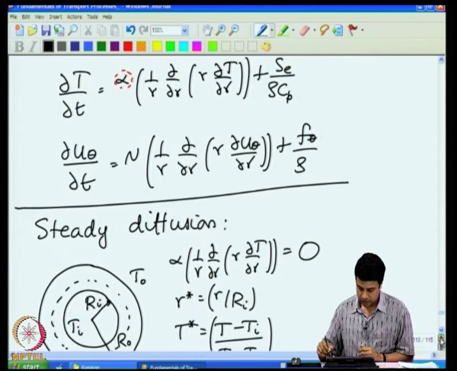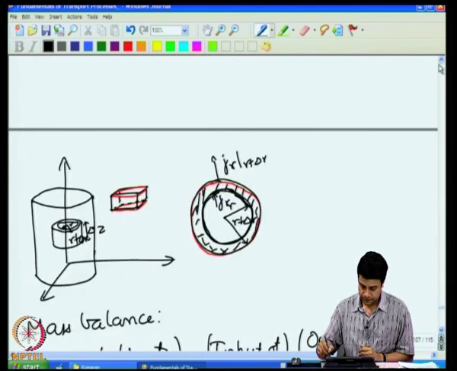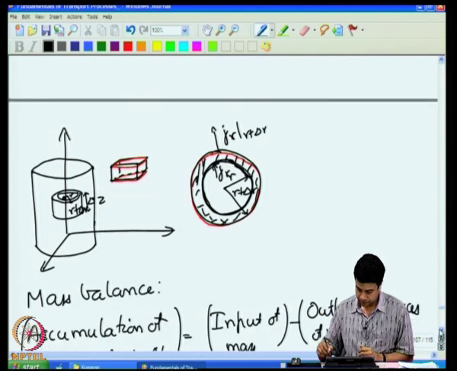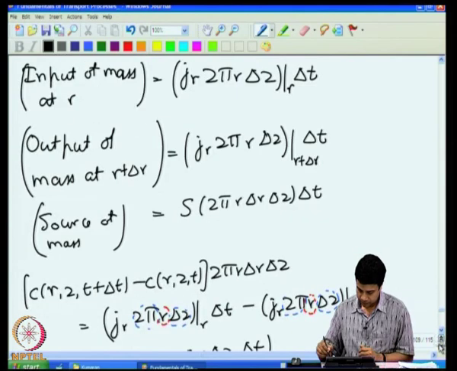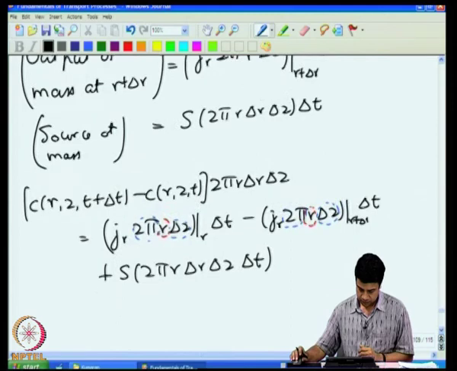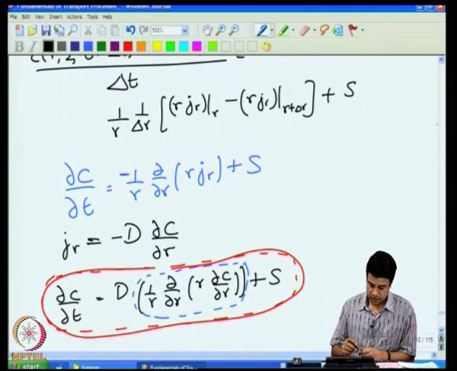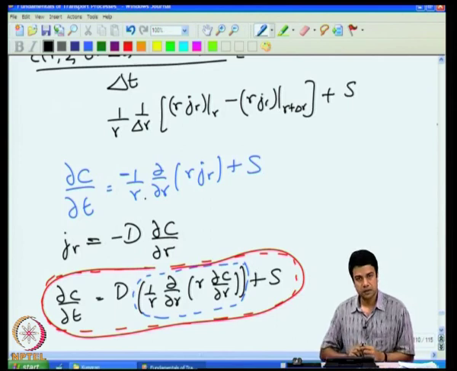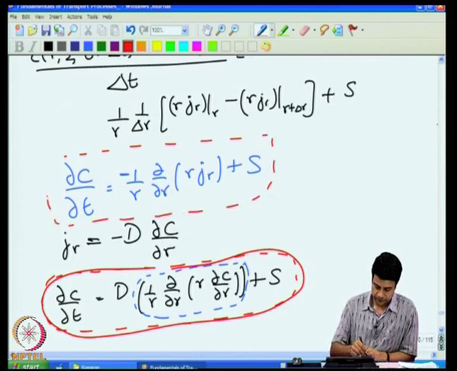And what you get is an equation of the type dc by dt is equal to minus 1 over r d by dr r times the flux Jr plus a source term.